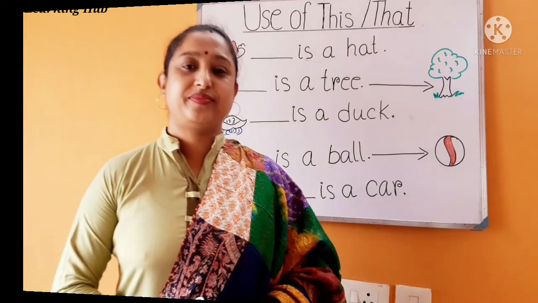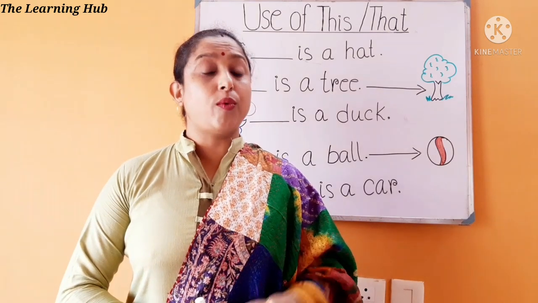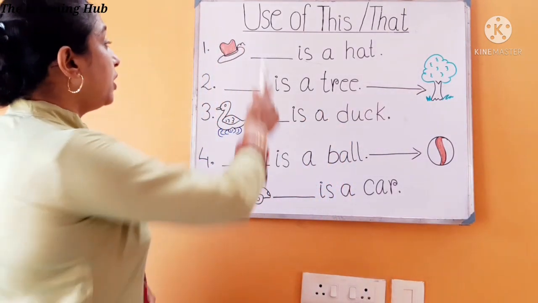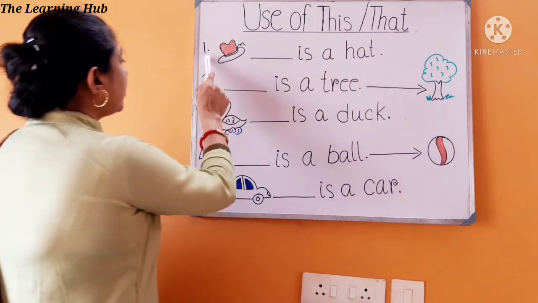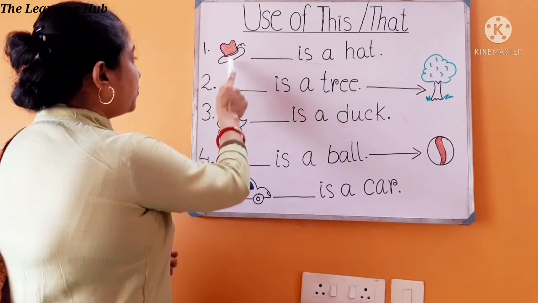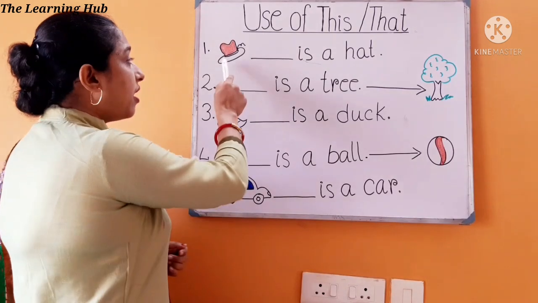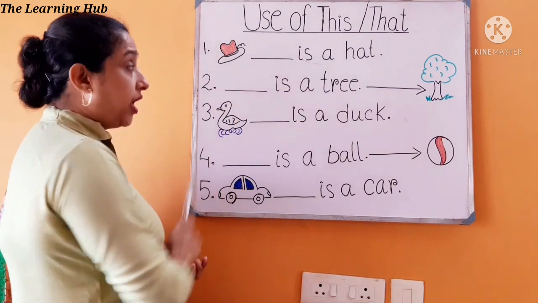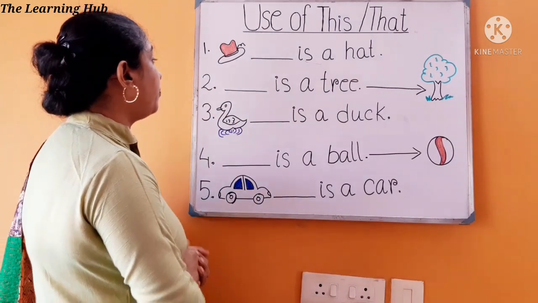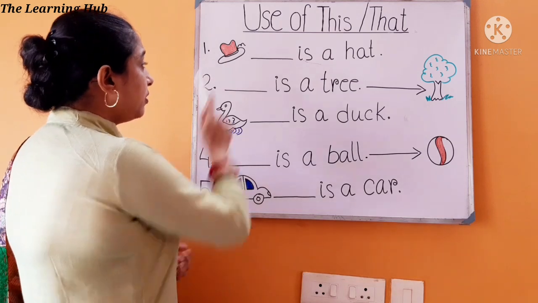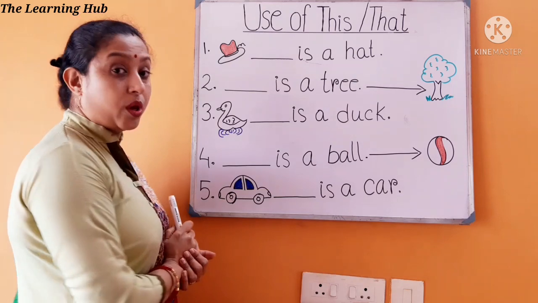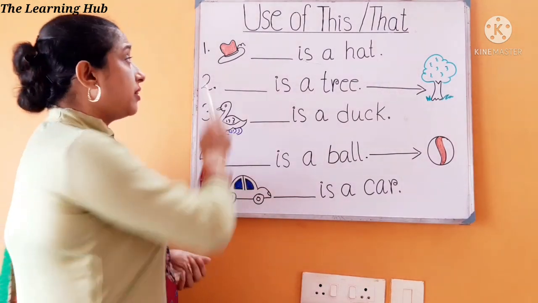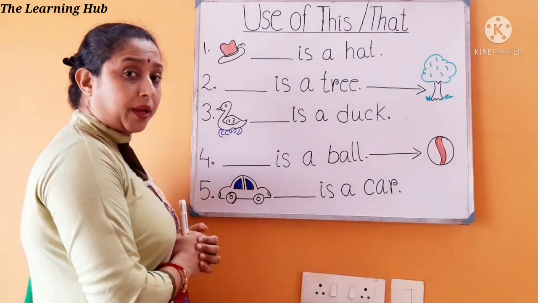So here we go. Now everyone look at the board. Use of this or that. Look at the first sentence. Which picture is this? A hat. And observe very carefully. Here I have drawn the hat before the sentence, which is depicting that the hat is very near to me.